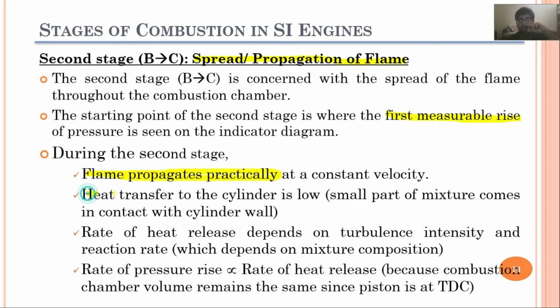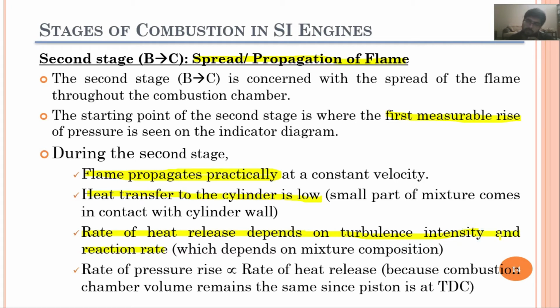Heat transfer to the cylinder is lower, because most of the heat energy released during combustion is utilized in combusting the other fuel-air molecules which have not been combusted yet. The rate of heat release depends upon the turbulence intensity and the reaction rate as well.